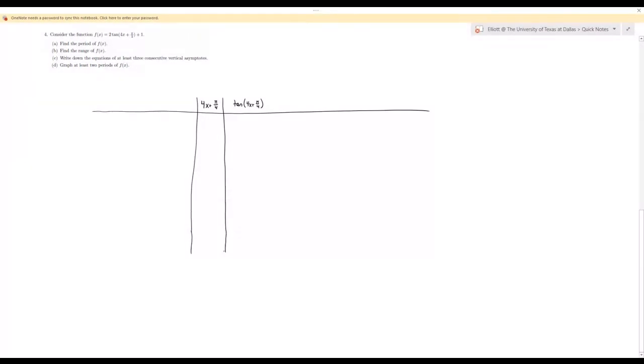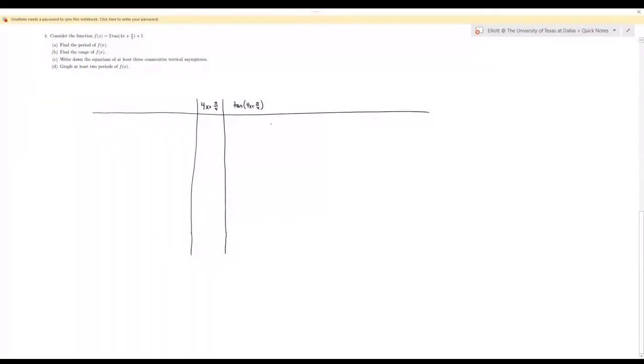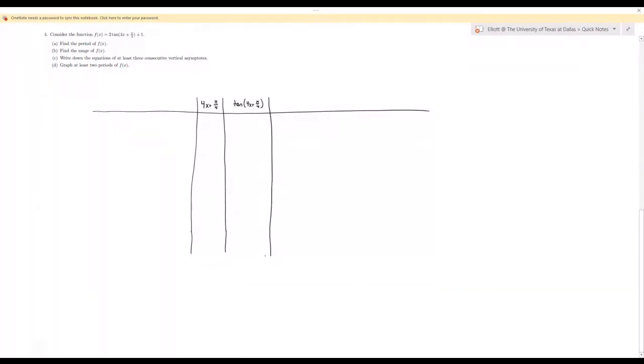In these two columns, we start by choosing some of the nice angles for our trig function that are useful to plot.